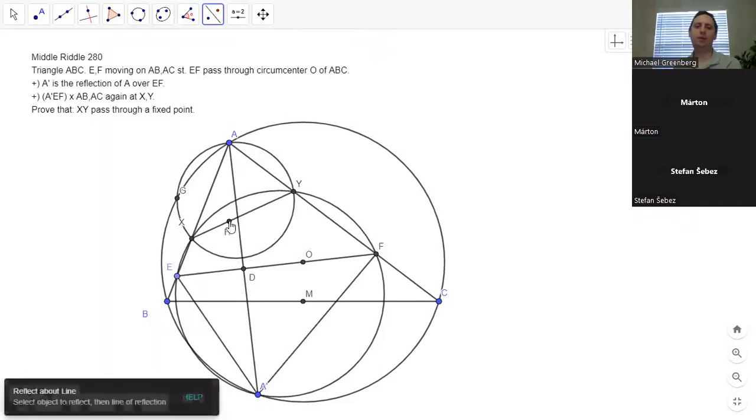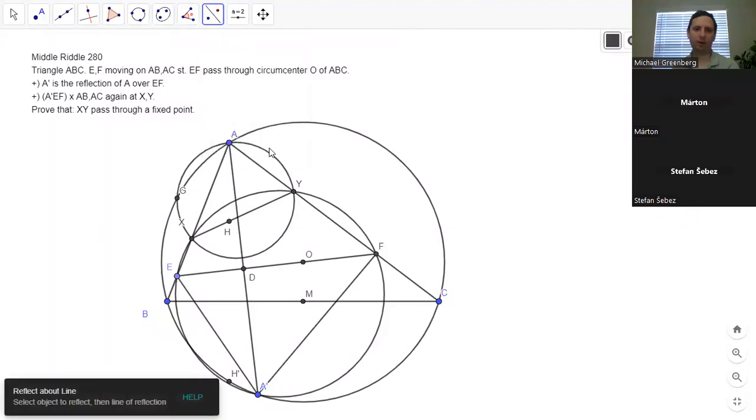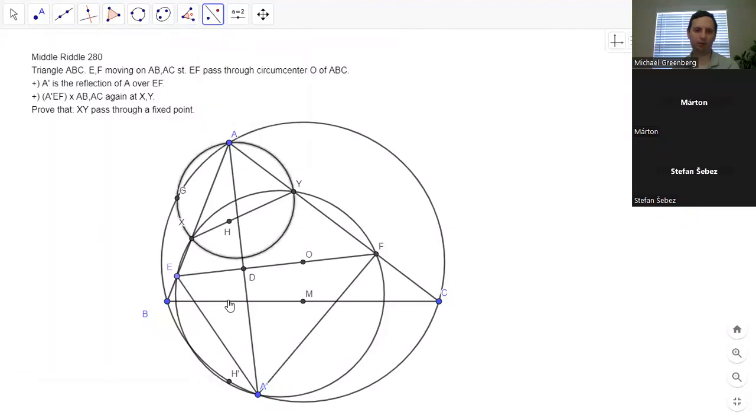Because we need to use something specific to the orthocenter. Like maybe we could try reflecting this circle about BC or something.